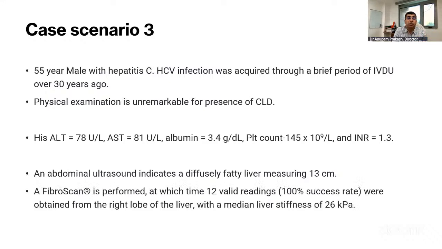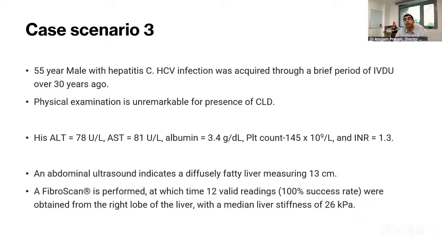In fact, a fibroscan was ordered in this patient, and 12 valid readings were obtained from the right lobe of the liver with a median liver stiffness of 26 kilopascals. This is basically vibration controlled transient elastography, and normal values are less than 7. In any normal adult, the liver will not be stiff, so it has to be less than 7 kilopascals.